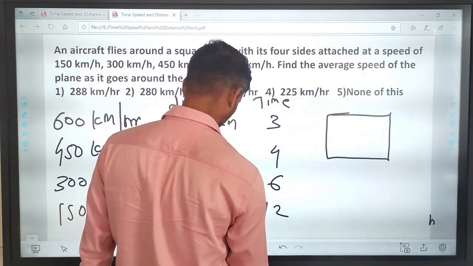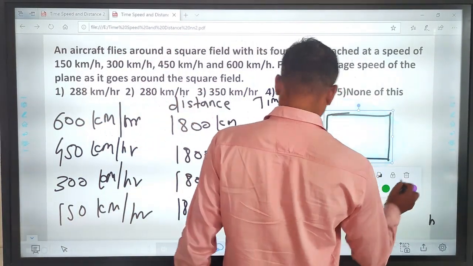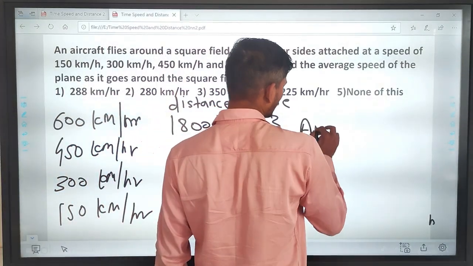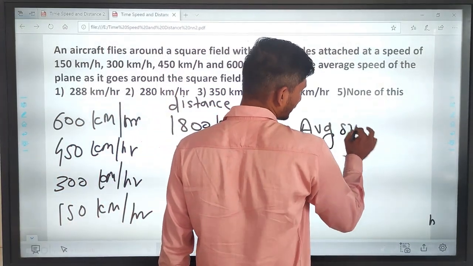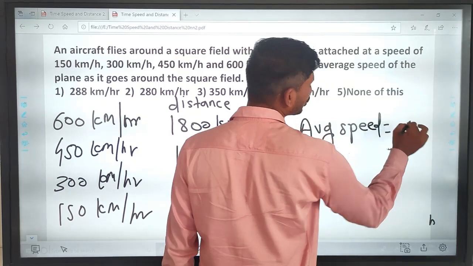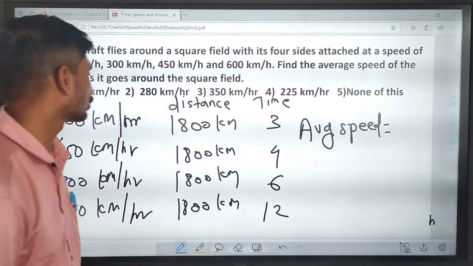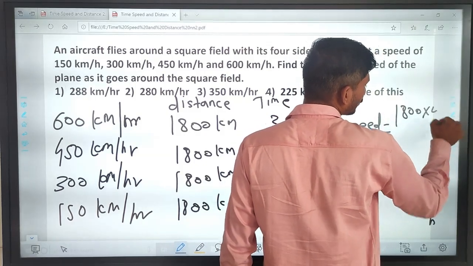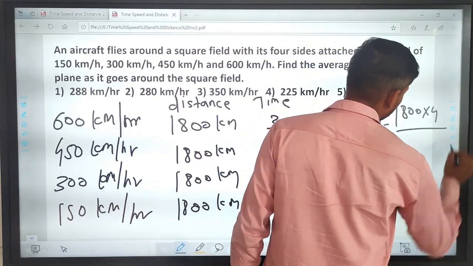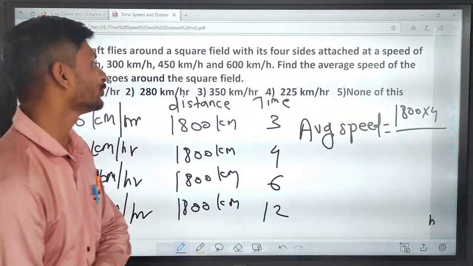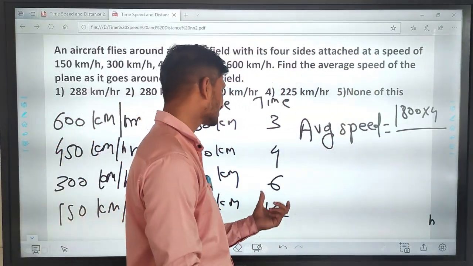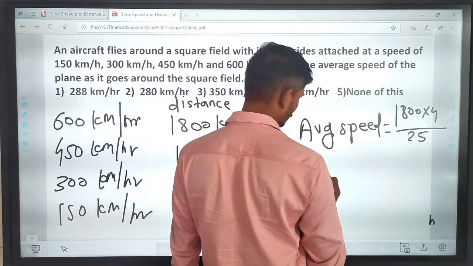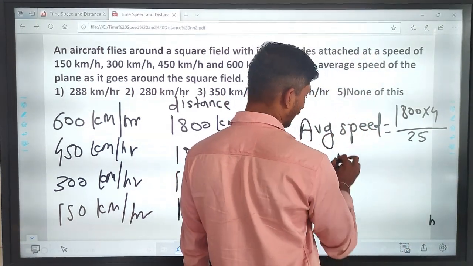Now we find the average speed. Average speed is equal to total distance divided by total time. Total distance is 1800 into 4, and total time is 25 hours. Now we find the average.